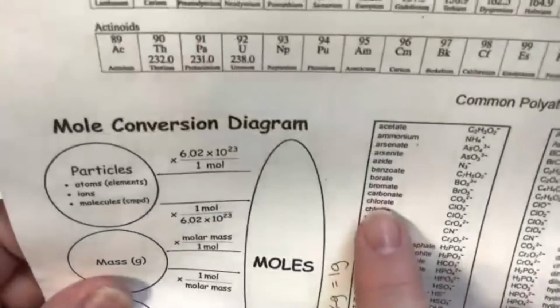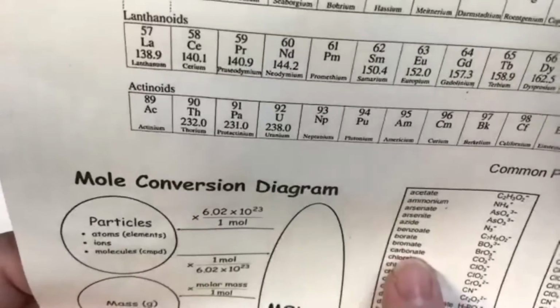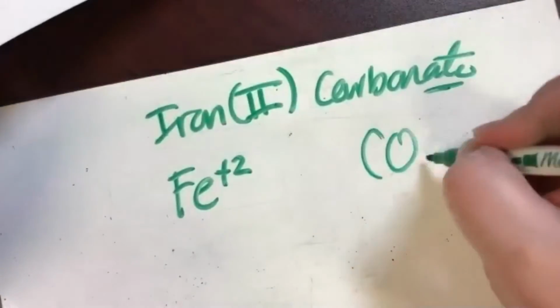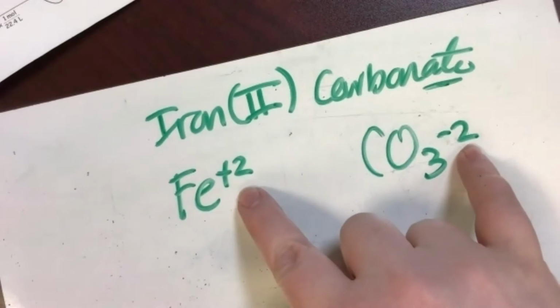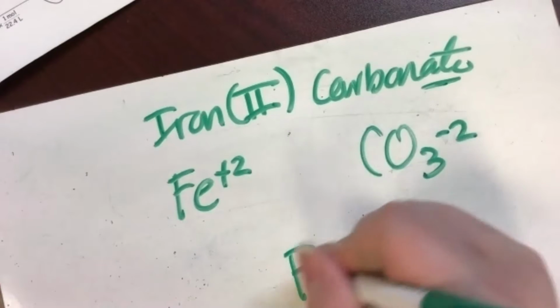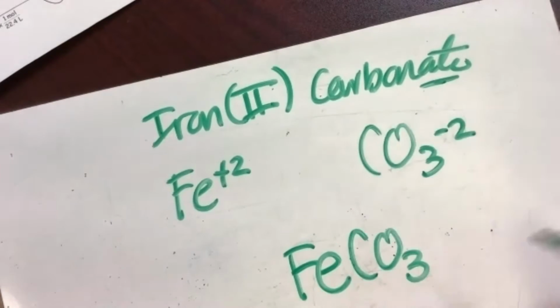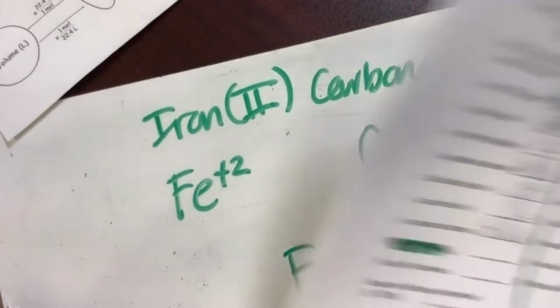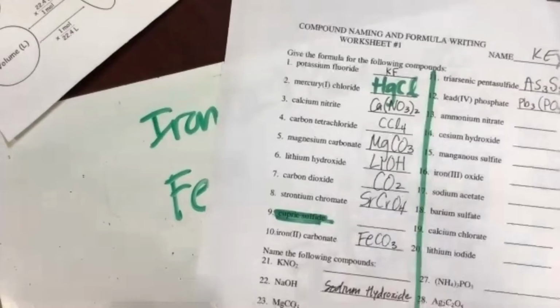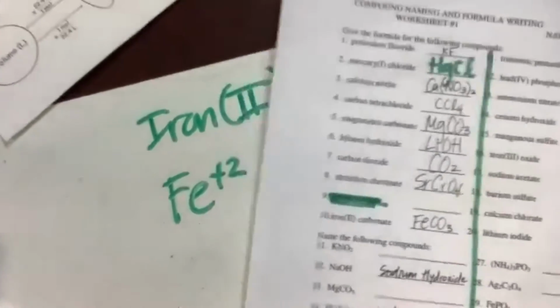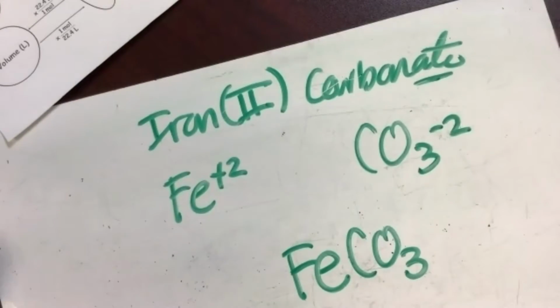Carbonate is CO3 minus 2. I got a +2 and a -2. They cancel each other out, so FeCO3. So that is how you write a formula from a name.